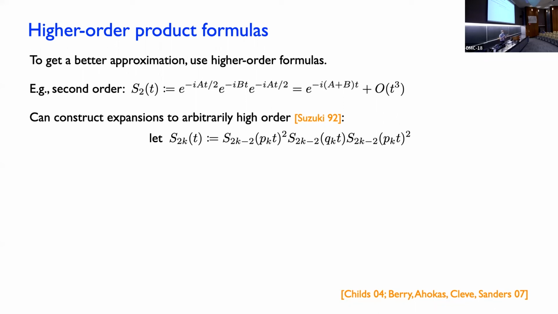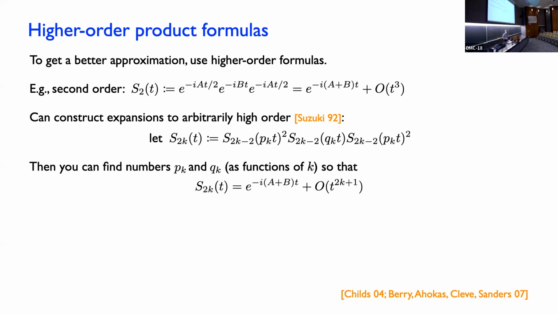And so if you want a nice exercise, you can try writing out a formula like this for some parameters pk and qk, and then try to find values of pk and qk that will make this a formula that's accurate to order 2k, assuming that S 2k minus 2 was an approximation of order 2k minus 2. And we know that S2 is an approximation of order 2. If you can do this, then you can construct formulas of arbitrarily high order.